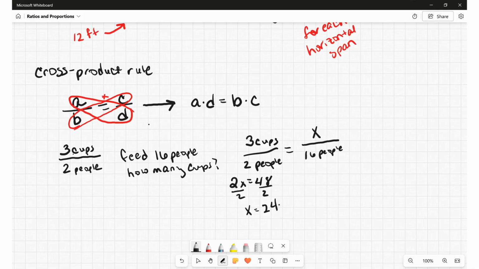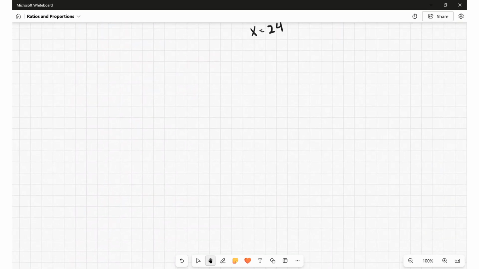Okay? So let's take a look at a couple of quick examples here, and then we will wrap up this lesson on ratio and proportion. Okay.